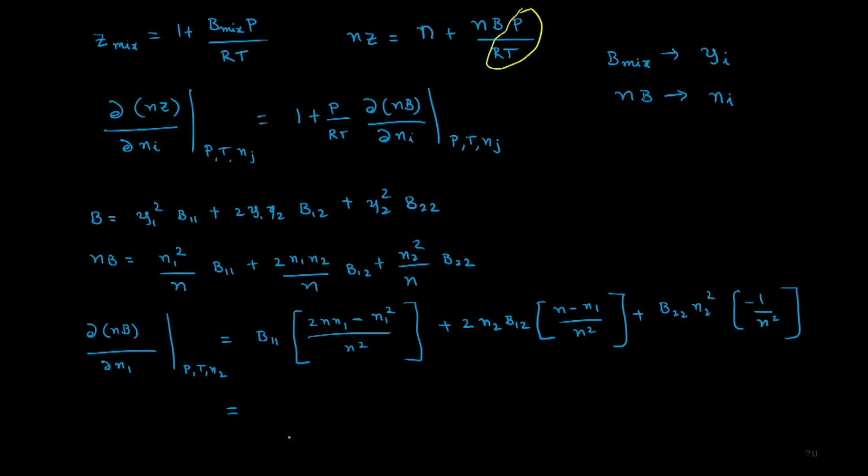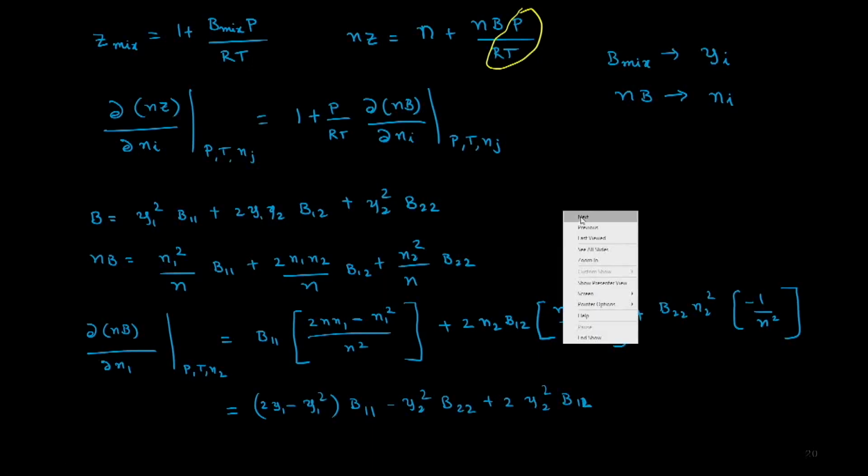So what I get finally is going to be 2y1 minus y1 squared b11 minus y2 squared b22 plus 2y2 squared b12. Notice that this will be 1 minus y1, which is y2. This y2 multiplied with, this will be 1 minus y1 by n.